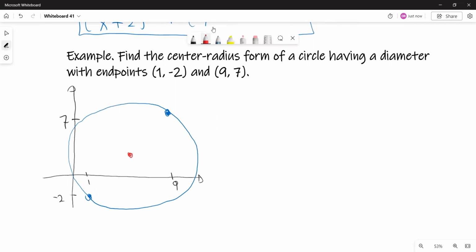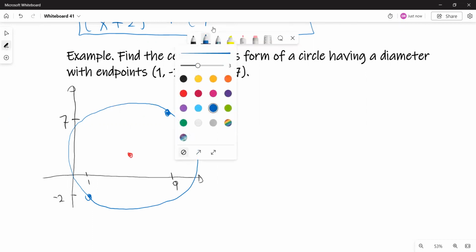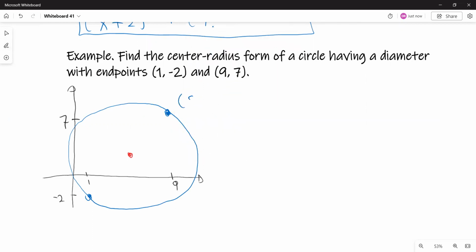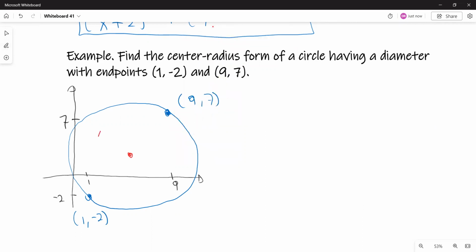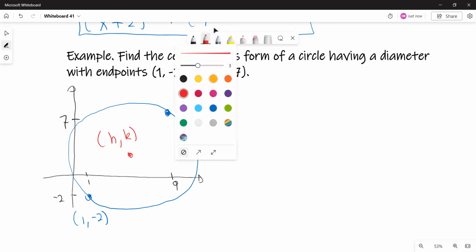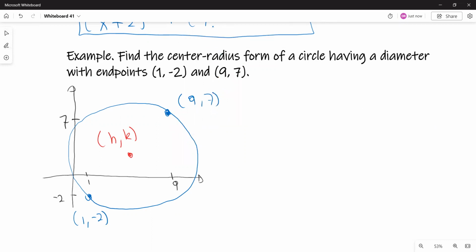So we got the point 9, 7, and 1, -2, and the center is h, k. Okay, so let's use the midpoint formula to find the center.